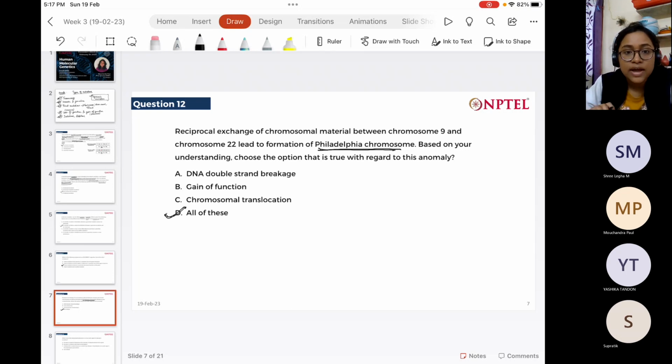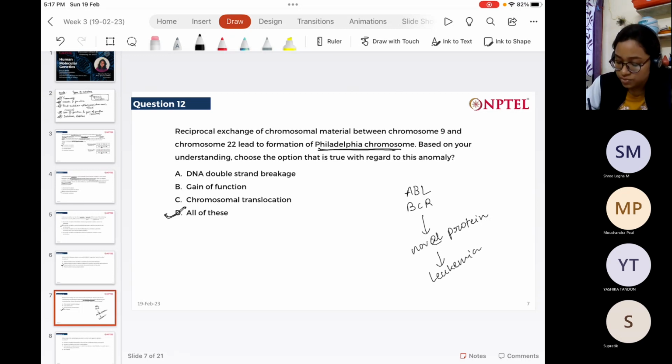If you recall, in the Philadelphia chromosome, the genes ABL and BCR fuse, right, and lead to the formation of a novel protein, correct? And this novel protein is often involved in leukemia, which is blood cancer.